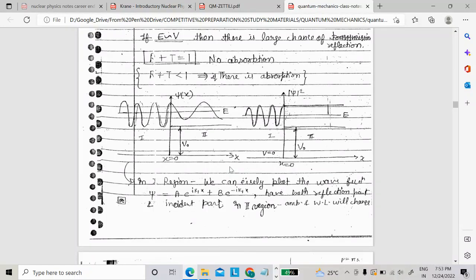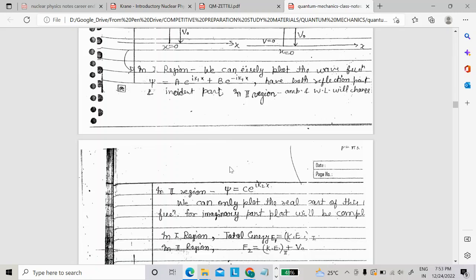Okay, simply, for E greater than V naught, you have a sinusoidal wave function on the left-hand side, but on the right-hand side the wavelength will increase, because momentum and kinetic energy will decrease.